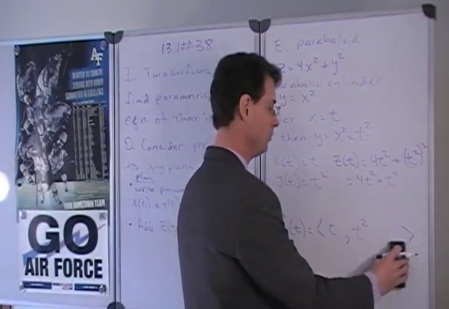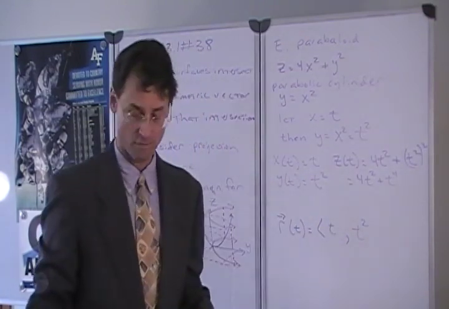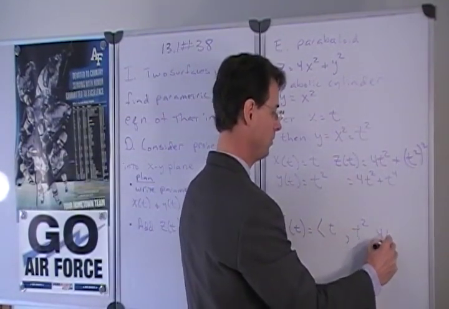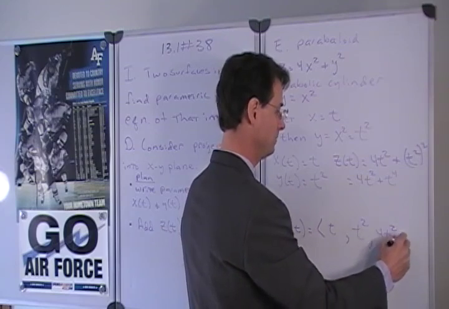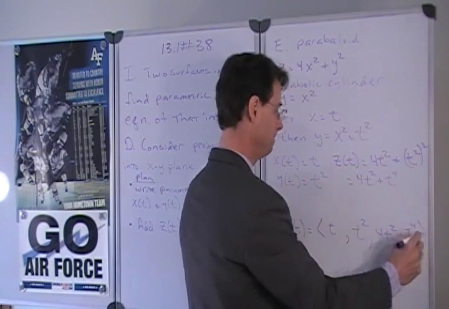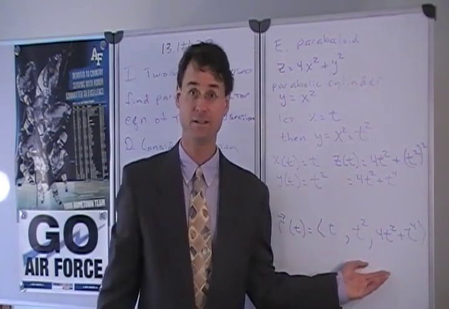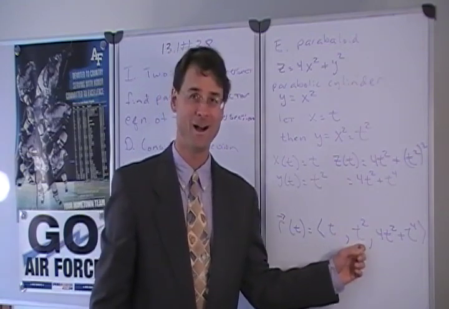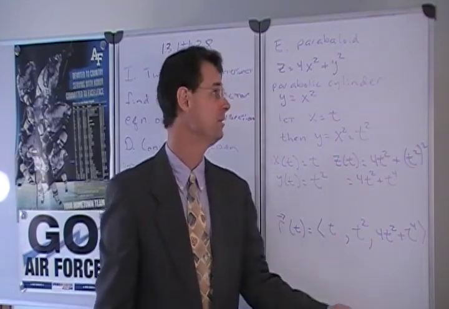And we need to make a little more room for our final situation. So 4t squared plus, and when you square t squared, you get t to the 4th power. So this is our vector parameterization with the x, the y, and the z components.